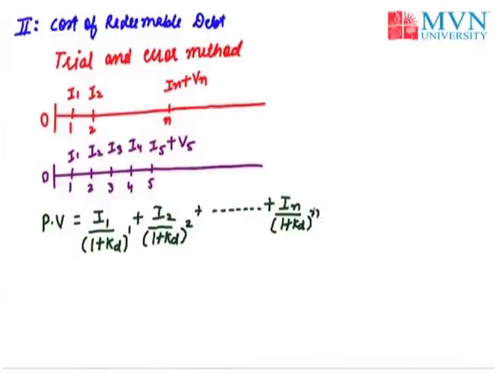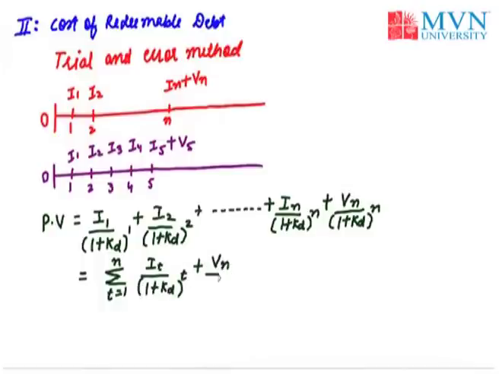In the same year, the debt is being redeemed, therefore we are adding Vn and we are discounting it by (1 plus kd), that is cost of debt, raised to power n. The formula can also be written as sigma t from 1 till n of It divided by (1 plus kd) raised to power t, plus Vn upon (1 plus kd) raised to power n.